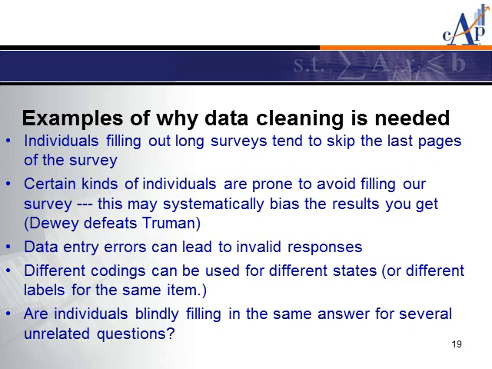Certain kinds of individuals are prone to avoid filling out surveys, and this can systematically bias the results. There was the famous embarrassment of Dewey defeats Truman. A lot of you are probably too young to know that story, but the newspapers were all reporting, based on their polls, that the Republican Dewey would easily defeat the Democrat Harry Truman.